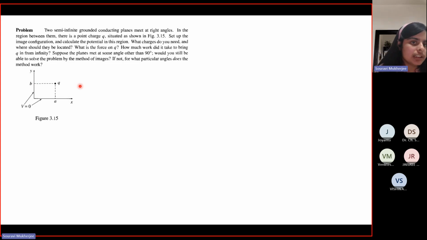So how should the image charge system be? You know that the potential along x is 0, and the potential along y is 0. So you have to put charges in such a way that with those charges, the potential remains 0 along x and along y. So can you tell me what charges should be put? How should the image charges be? Make use of your symmetry, right?